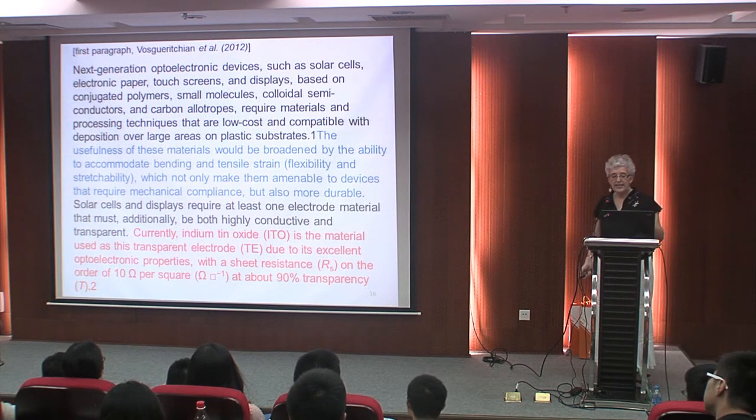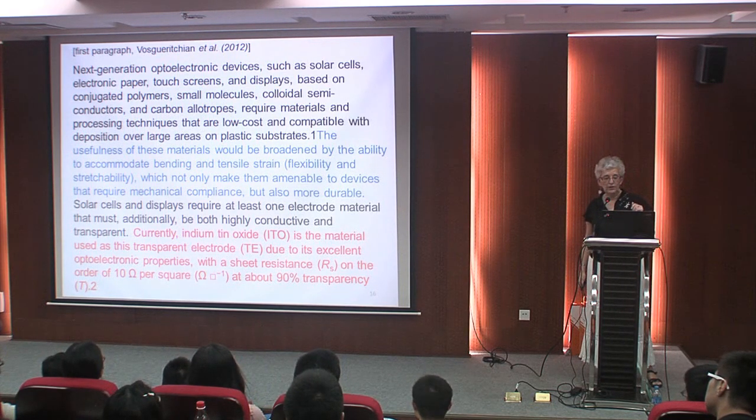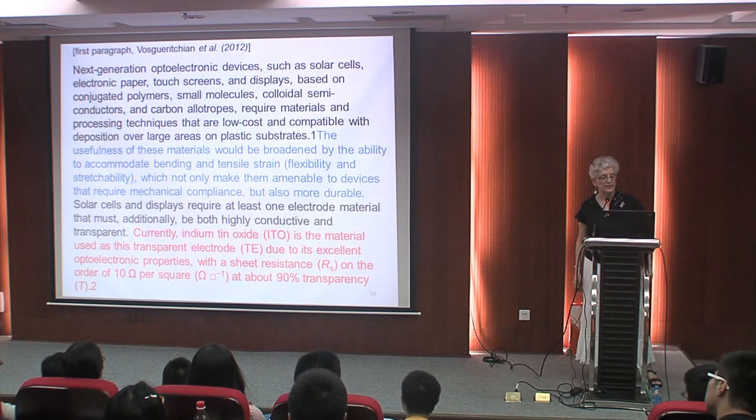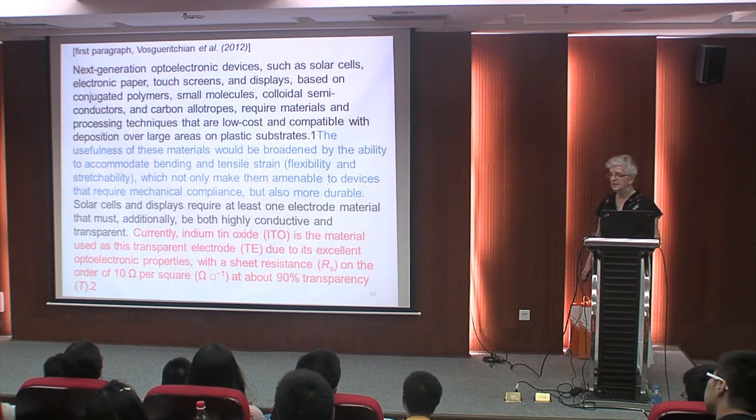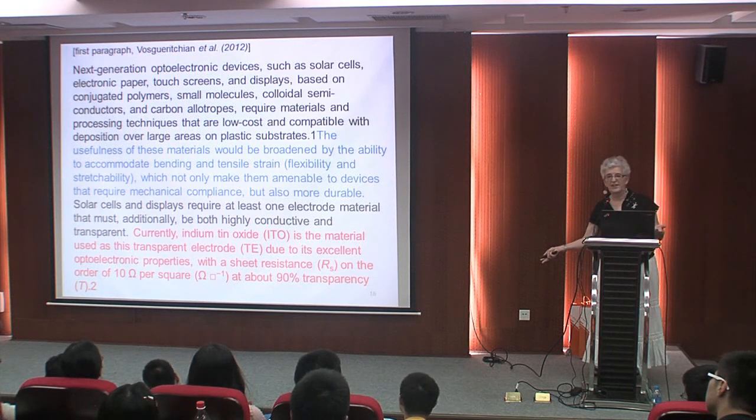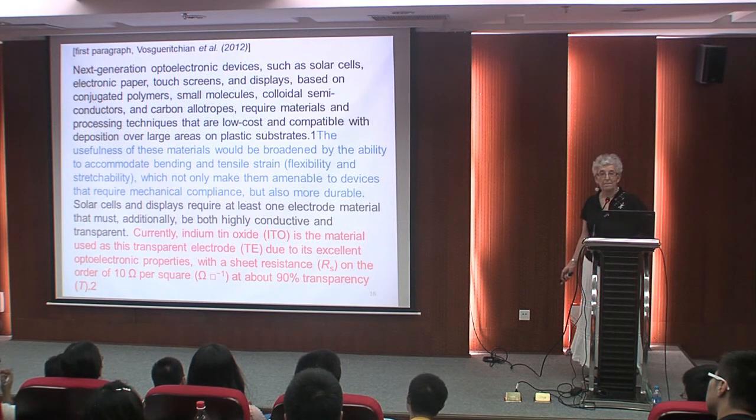Currently, indium tin oxide, ITO, is the material used as this transparent electrode. Due to its excellent optoelectronic properties with a sheet resistance on the order of this big. Okay?